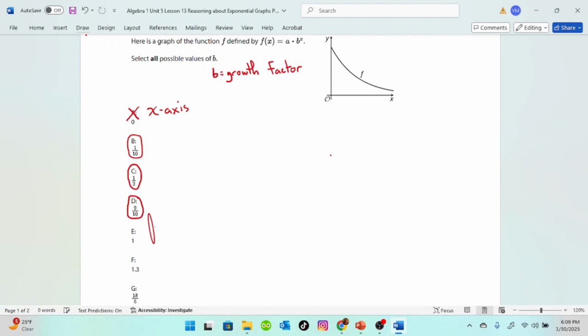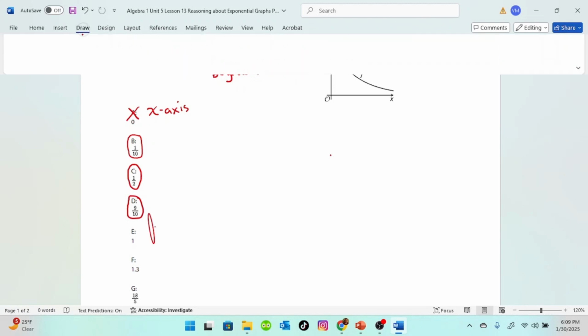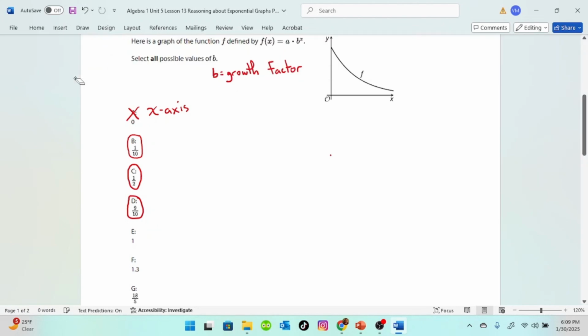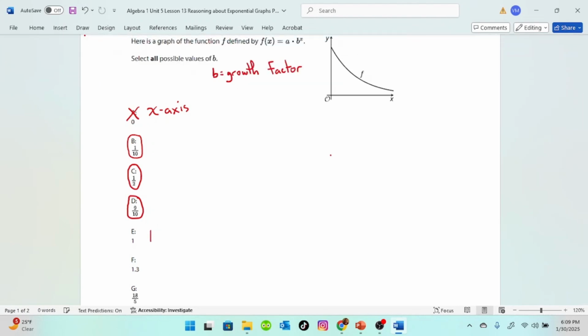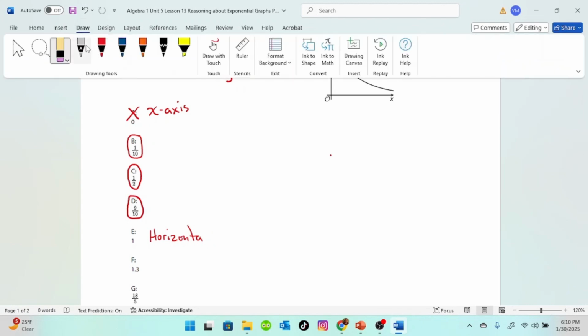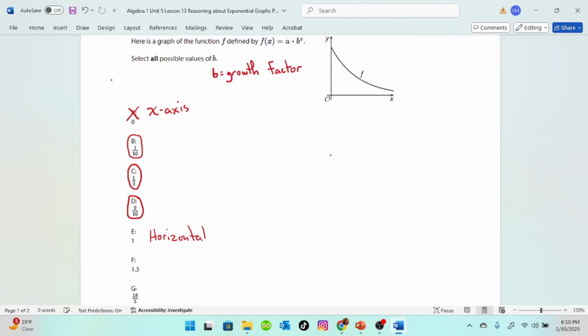So this would actually result in a horizontal line. And that's not what we have. So E is not a correct choice.